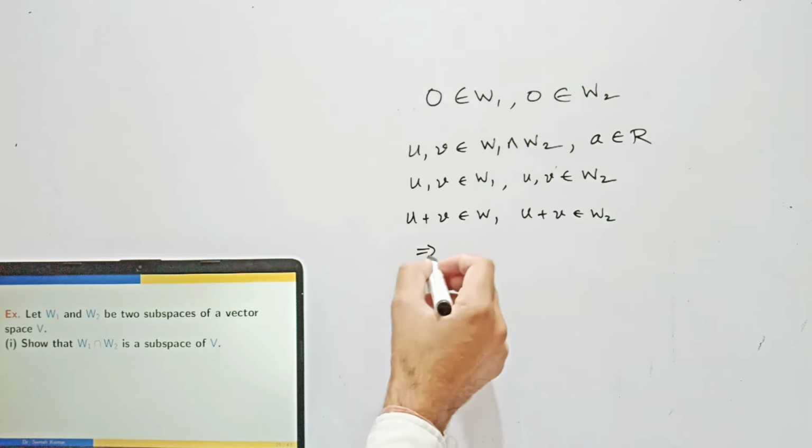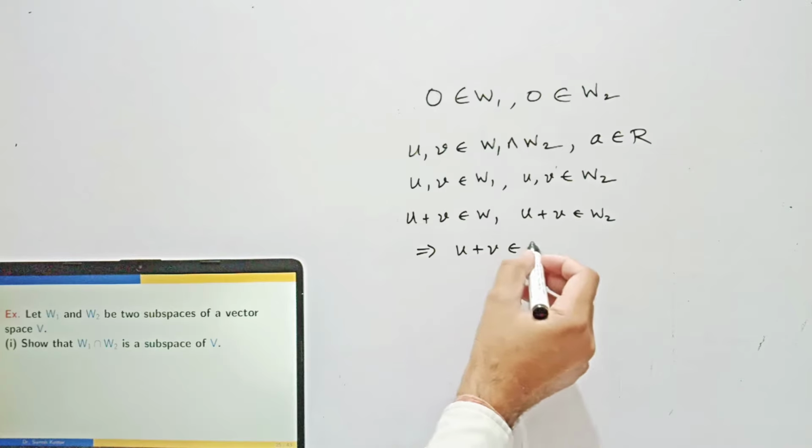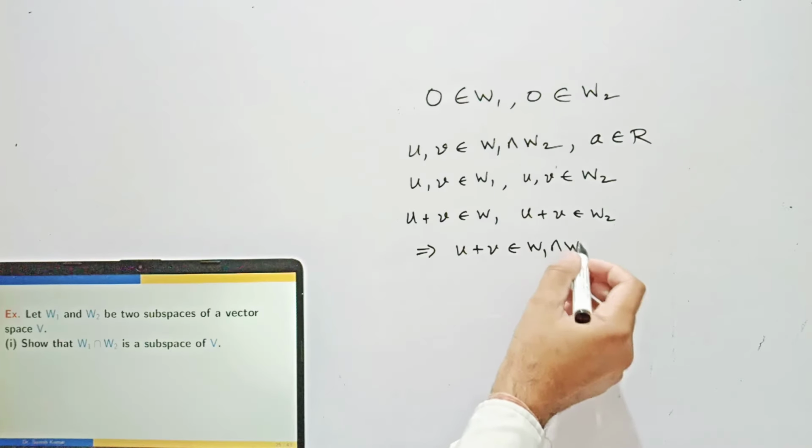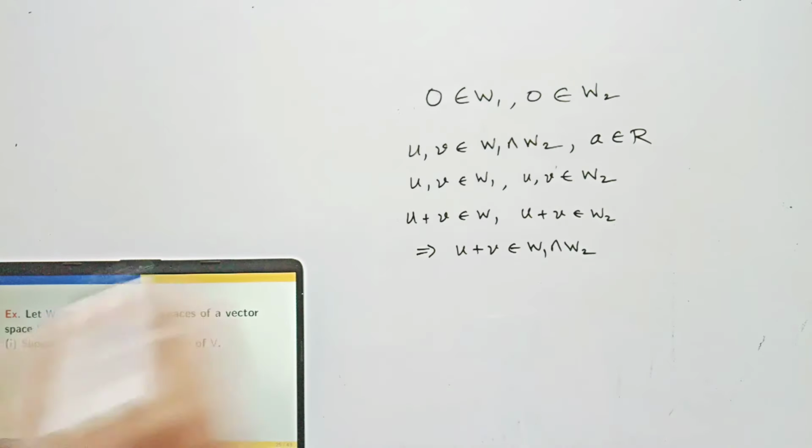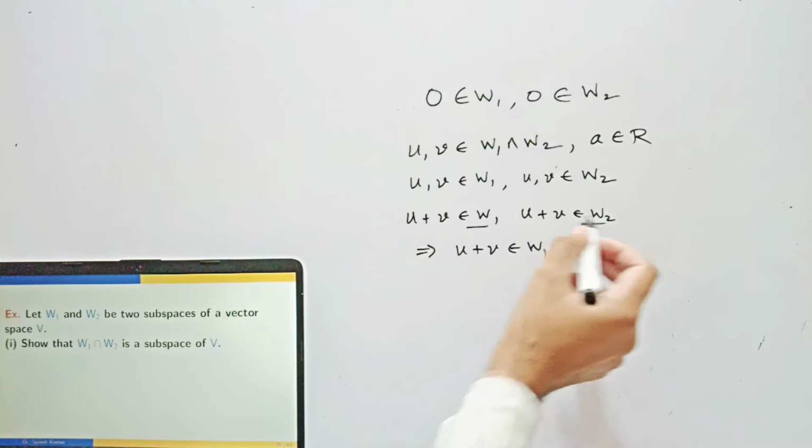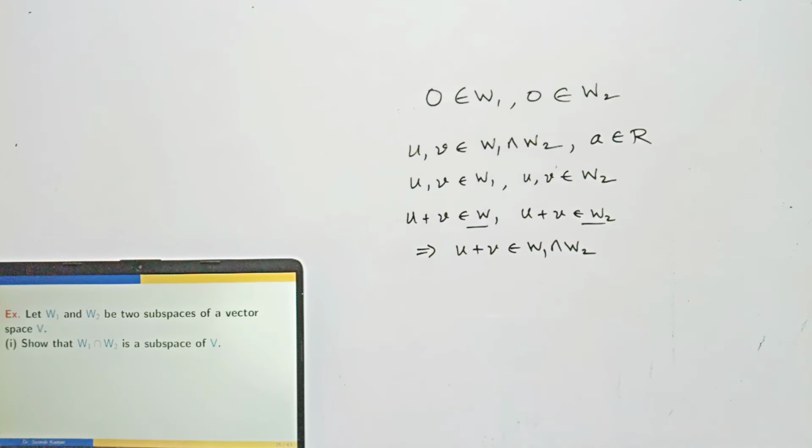What does it mean? u plus v belongs to W1 intersection W2. I have written these because W1, W2 are given as subspaces of the vector space. So finally, u plus v belongs to W1 intersection W2. What does that mean? W1 intersection W2 is closed with respect to vector addition.